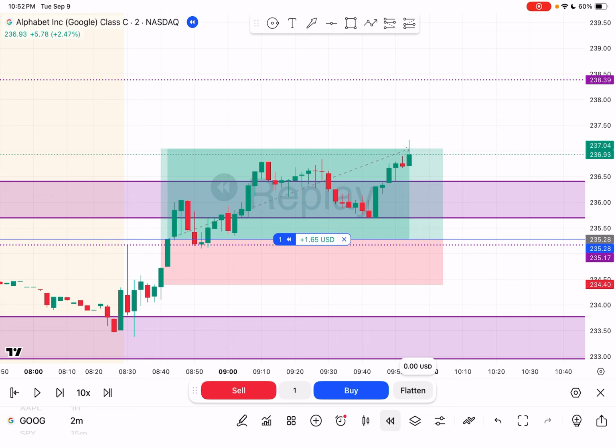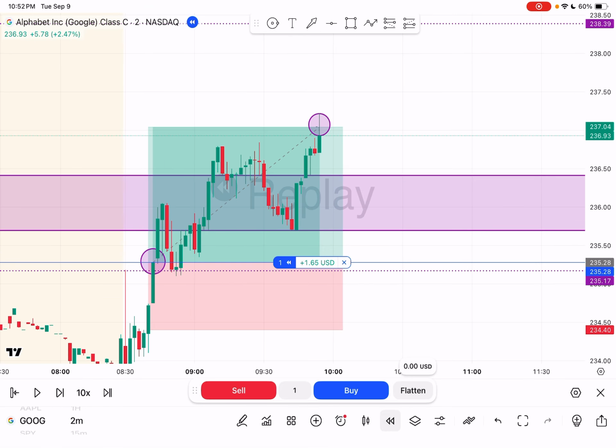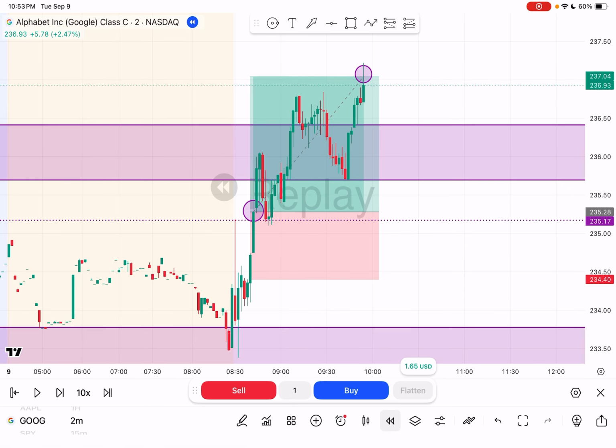So I got in here and then I exited over here, and I could have stayed in, but why would I want to do that? It seemed like this zone became support. So I exited at a profit of 165, which is not too bad.